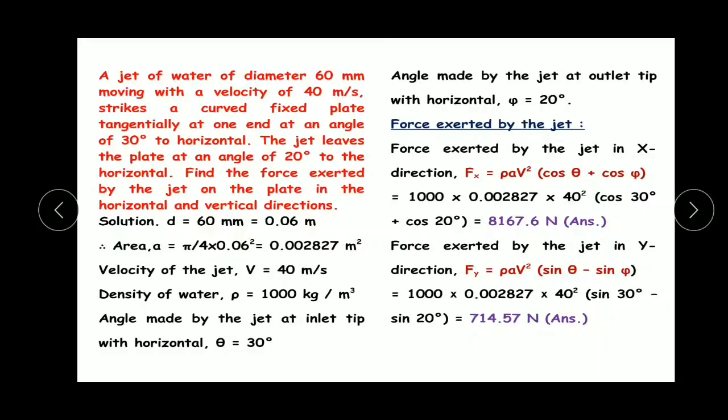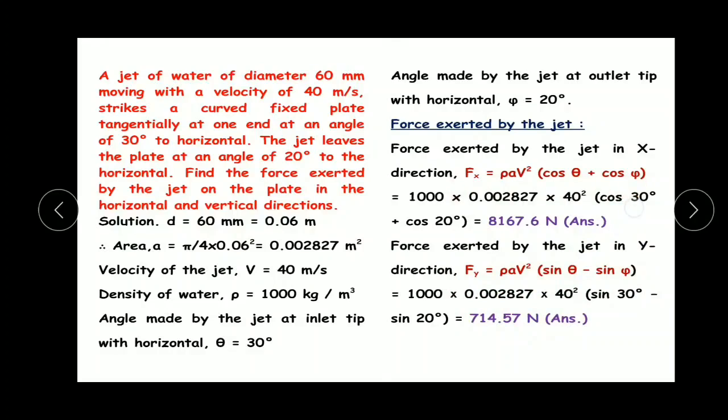In the symmetrical case, when theta and phi are both the same, Fy becomes 0 because sin theta minus sin theta is 0, as theta and phi are equal. As a result Fy equal to 0.